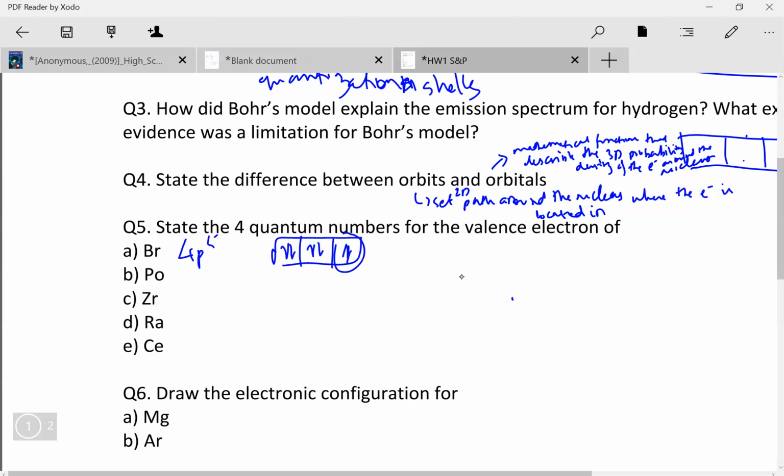This could be considered to be the valence electron, the last electron. So I would say n equals 4, L equals P, which is 1, ML equals -1, 0, 1, MS equals +½ or you could write -½.